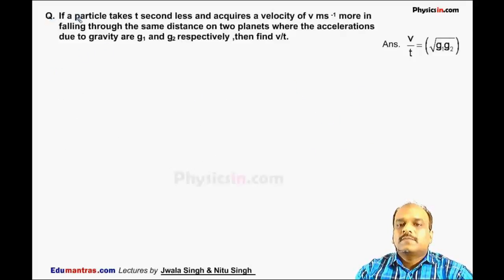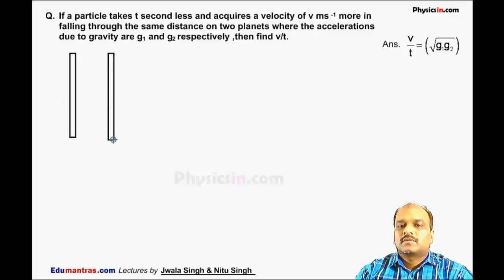The question is, if a particle takes t seconds less and acquires a velocity v meter per second more in falling through the same distance on two planets where the accelerations due to gravity are g1 and g2. Suppose this is a planet of height h, and this height is also h. The particle travels the same distance, so these two heights are equal.